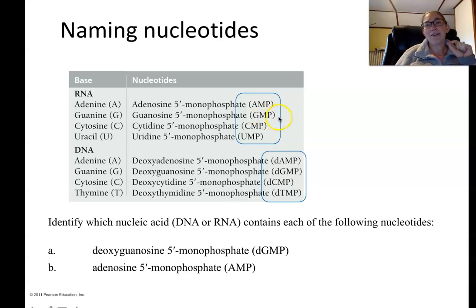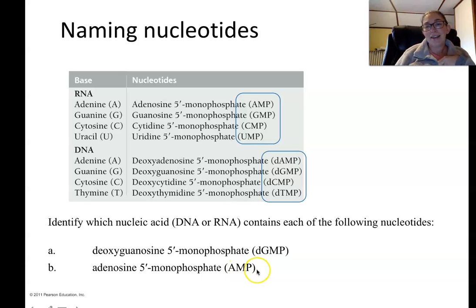If we're talking about a DNA nucleotide, we put a little D in front of it to indicate the different sugar. So this first one in this little concept check down here, deoxyguanosine 5' monophosphate, dGMP, is DNA, whereas adenosine 5' monophosphate, or AMP, would be a nucleotide of RNA.